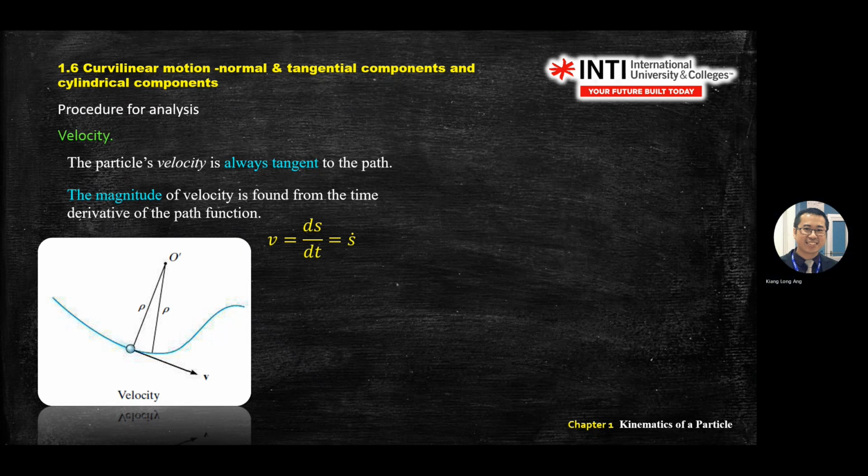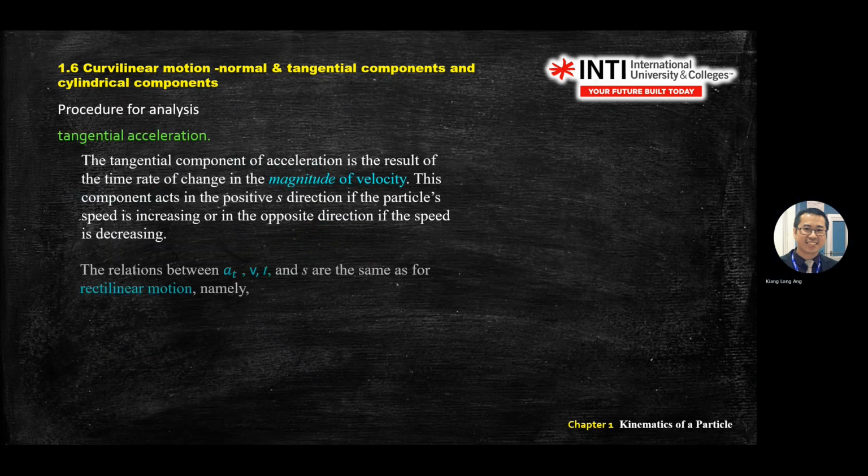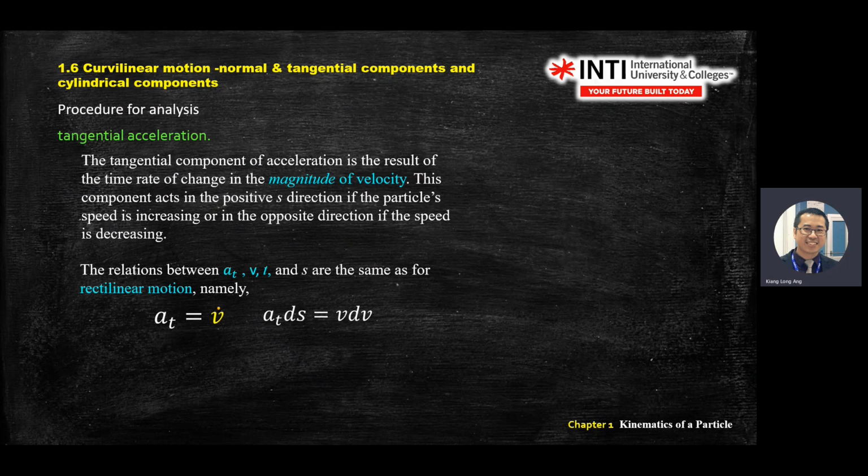Make sense? Velocity, from this point to this point, this is a second v. So you take this v, differentiate it, then you get acceleration. Again, these two are important.